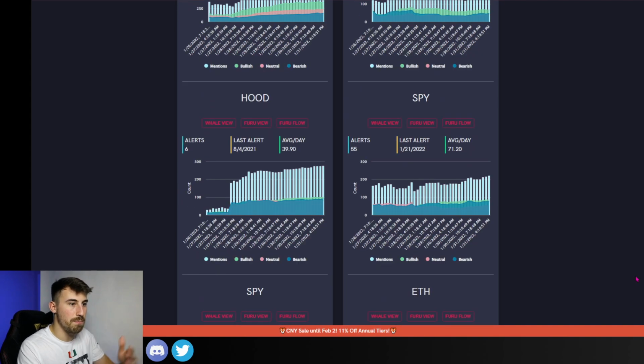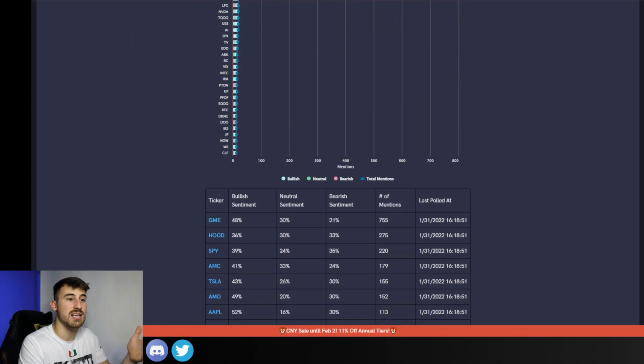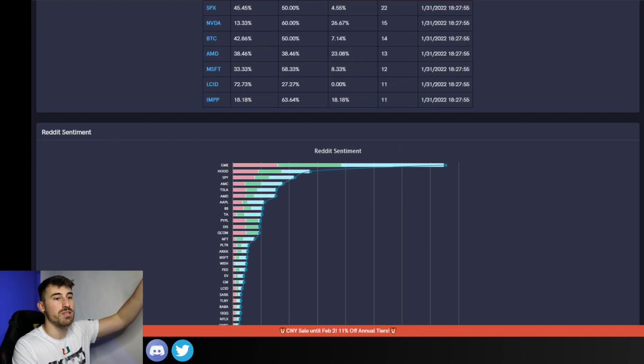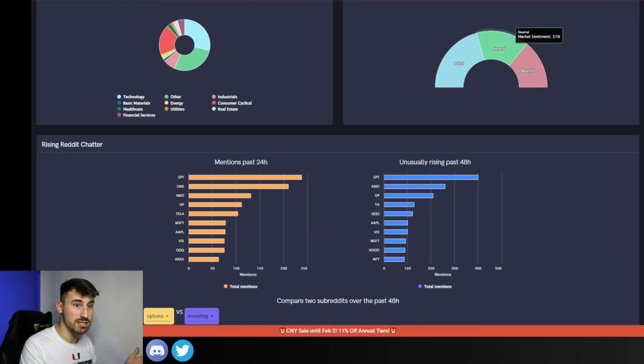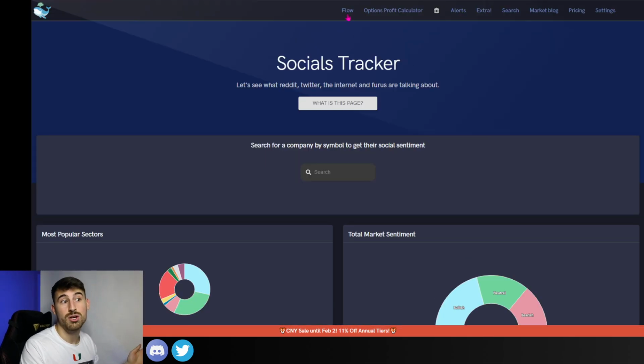Should you just make a trade because little Timmy on StockTwits said this stock is going to the moon? Probably not, but you can look at these stocks and then go back into the flow section, scroll back up here, and confirm that the stock has a bullish setup. So you don't have to just trust little Timmy on StockTwits, even though he might be right, but a lot of times he might be wrong.